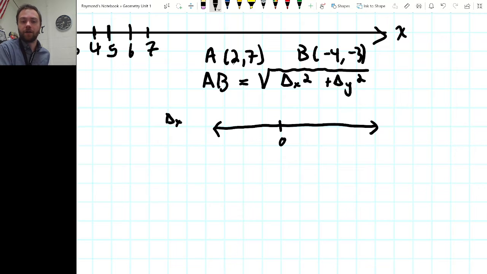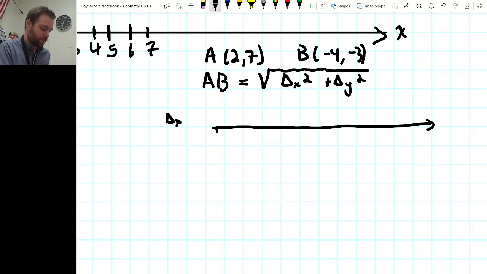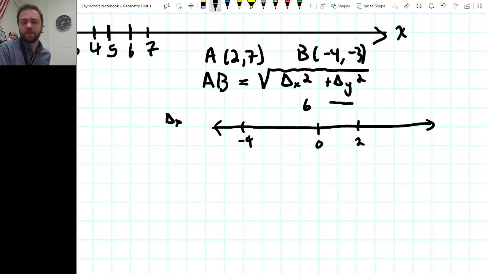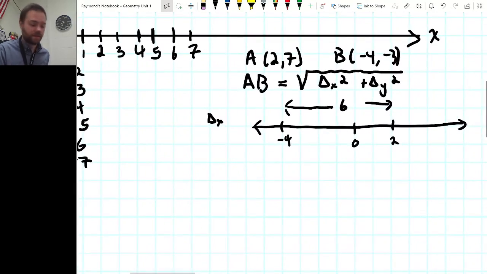My two x values are 2 and -4. The distance between -4 and 2 is going to be 6. If you take a look here, 2 is 2 units from 0, and -4 is 4 units from 0. All right, so that's delta x.